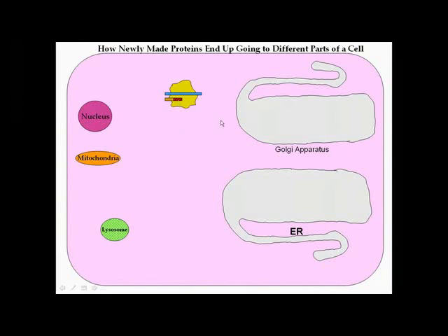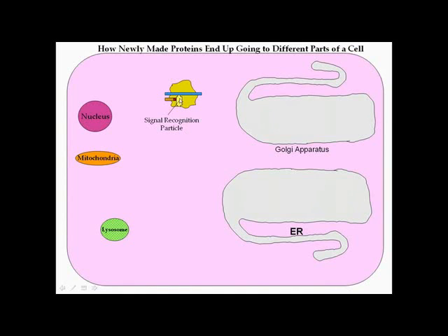Some signal sequences are bound to by a particle called a signal recognition particle. And basically what this particle does after it binds to a signal sequence that looks like this is that it pauses the process of translation so that the protein is not completely made just yet.